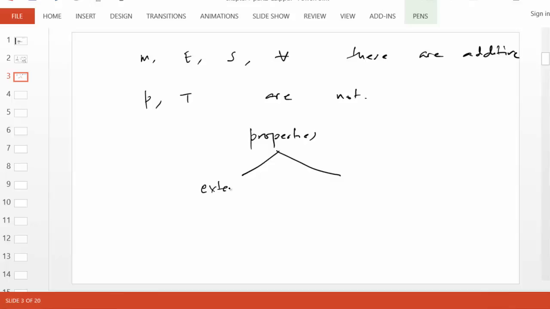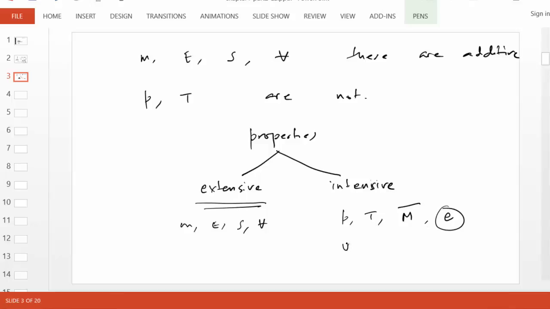One is called extensive properties, and the other is intensive properties. Extensive means they're additive, like mass, energy, entropy, volume. Intensive could be pressure, temperature, molar mass. Specific energy, specific volume, specific kinetic energy, specific potential energy are also intensive because they are not additive.